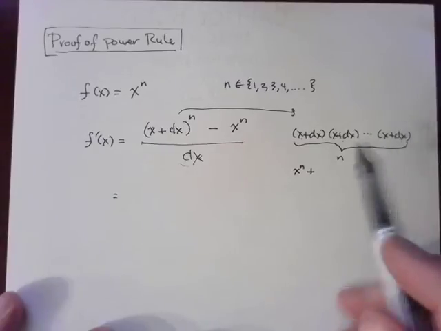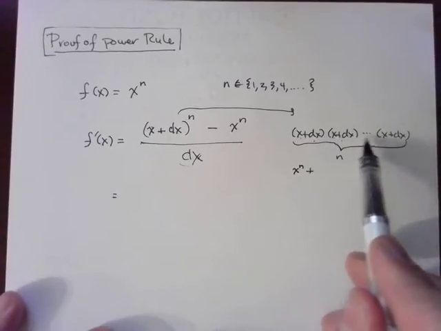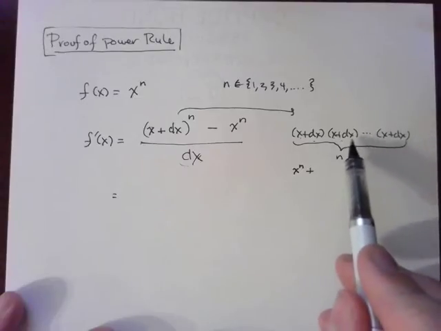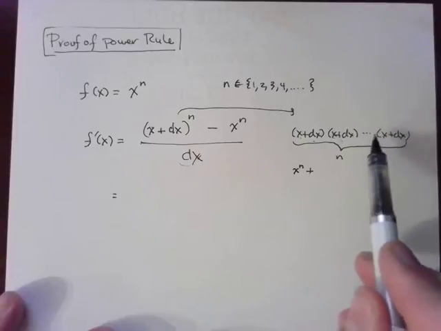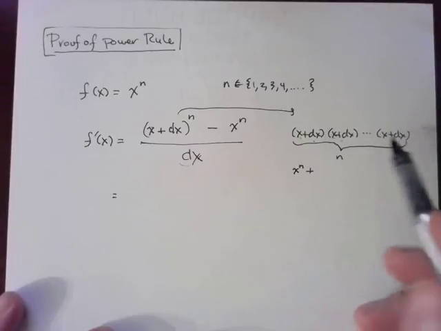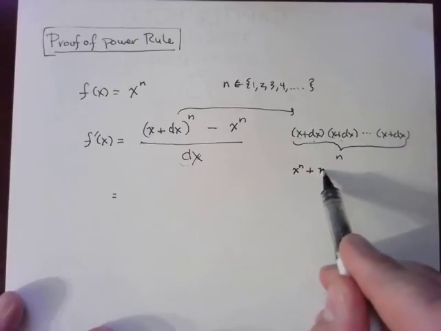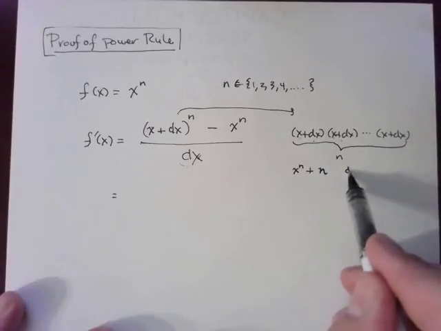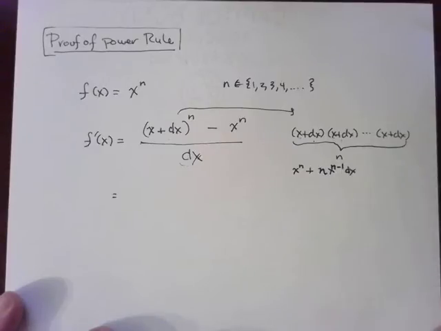Then, in addition, I could take dx from this one, and then x from all the others. And I could take dx from the second one, and x from all the others. I could take dx from the third one, and then x from all the others, and so on and so forth. So there's n different ways to take dx once and x the rest of the time, which means there would be n minus 1 times we would multiply by x.